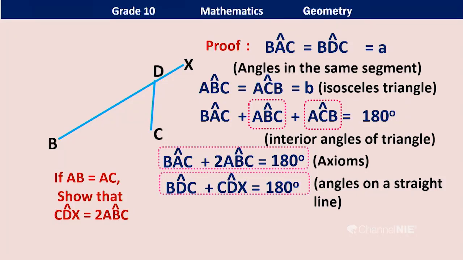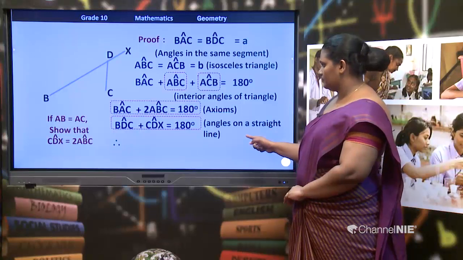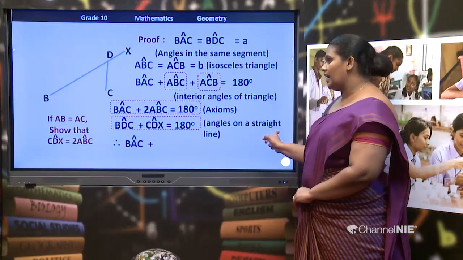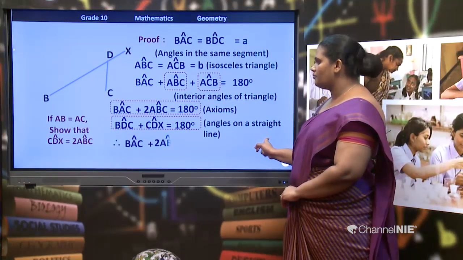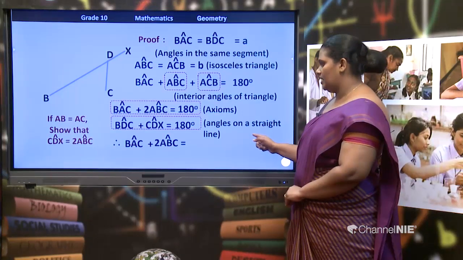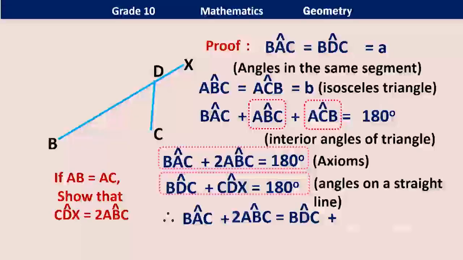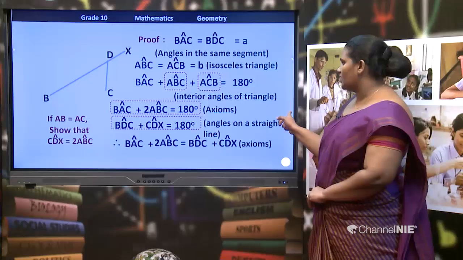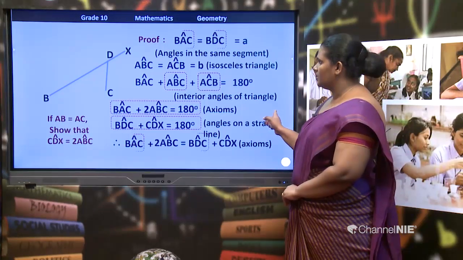Therefore, I can get it like this. Angle BAC plus twice angle ABC is equal to angle BDC plus angle CDX. I got it using the knowledge of axioms.